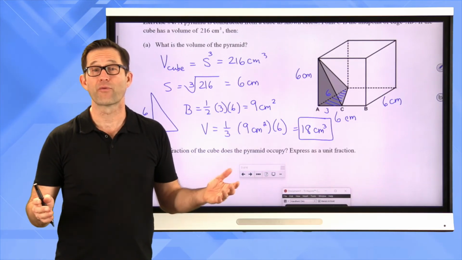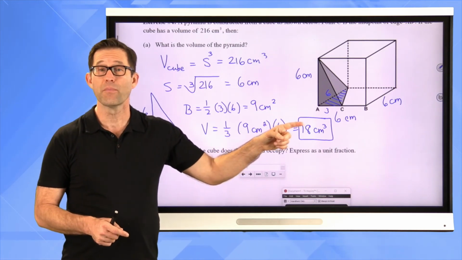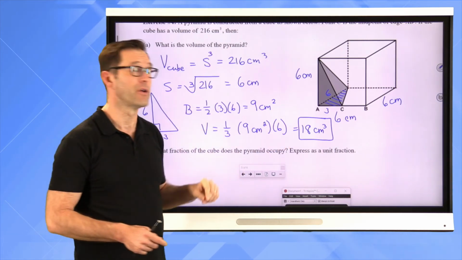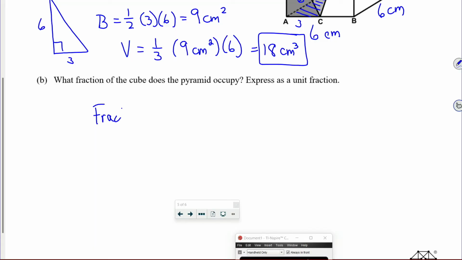Well, if I want to know what fraction of the cube does the pyramid occupy, I'm going to take the volume of the pyramid and I'm going to divide it by the volume of the cube, right? So my fraction is going to be the volume of the pyramid divided by the volume of the cube.